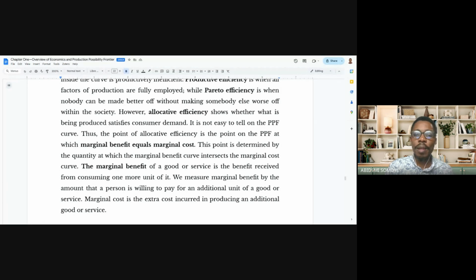The marginal benefit of a good or a service is the benefit received from consuming one more unit of it. We measure marginal benefit by the amount that a person is willing to pay for an additional unit of a good or service. Marginal cost is the extra cost incurred in producing an additional good or service.